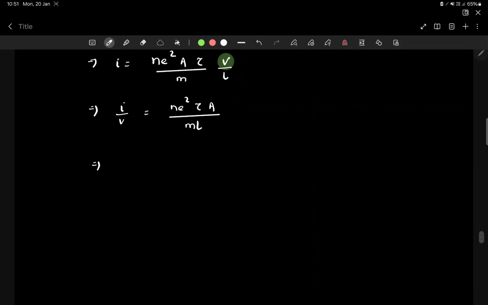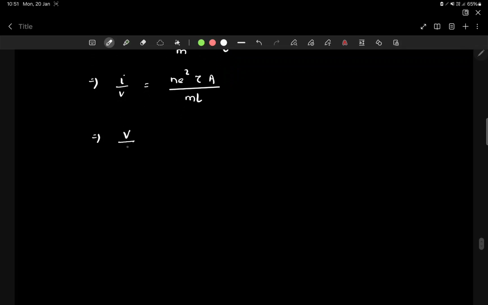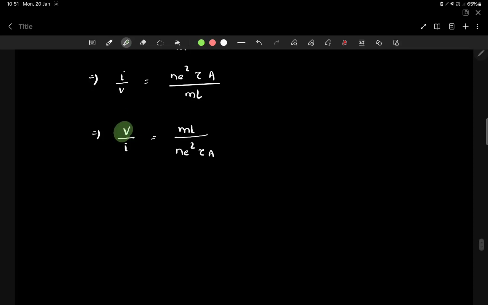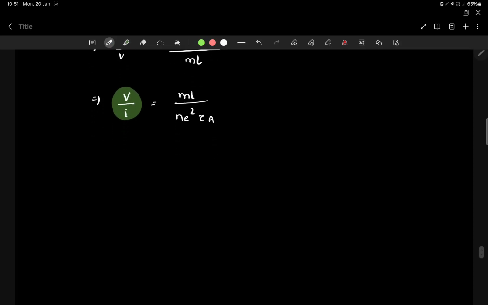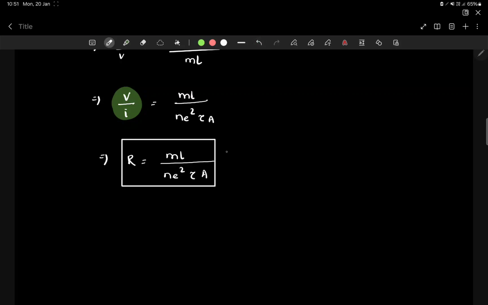Take the reciprocal of both sides, that means V/I = ml/(n e² τ A), and as per Ohm's law V/I = R. So R = ml/(n e² τ A). This is our required expression.